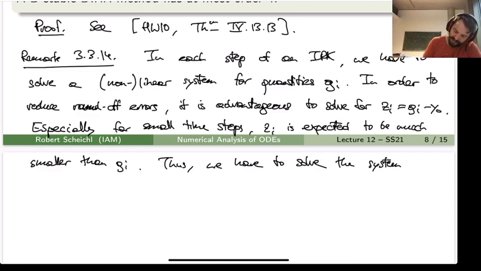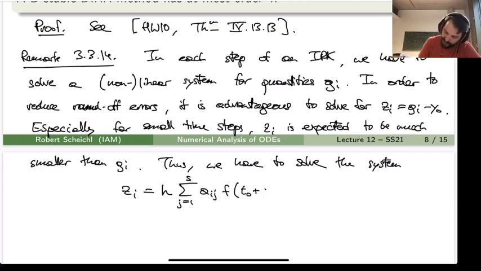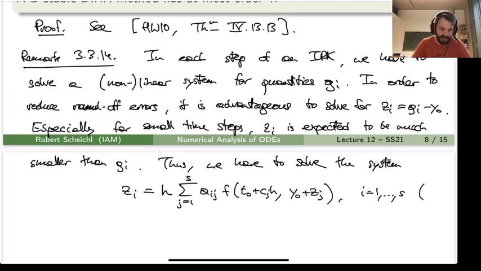So we need z_i equal to h times the sum over j from 1 to s of a_ij f(t0 plus c_j h, y0 plus z_j), for i equals 1 to s, and that's 3.3.2.